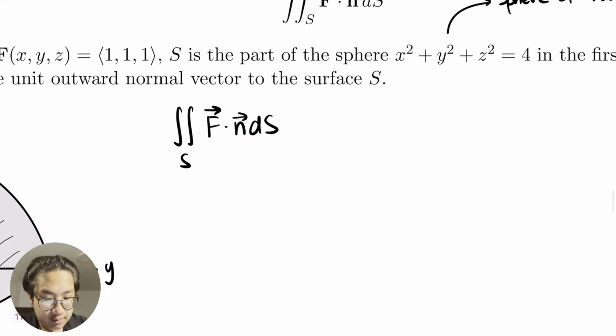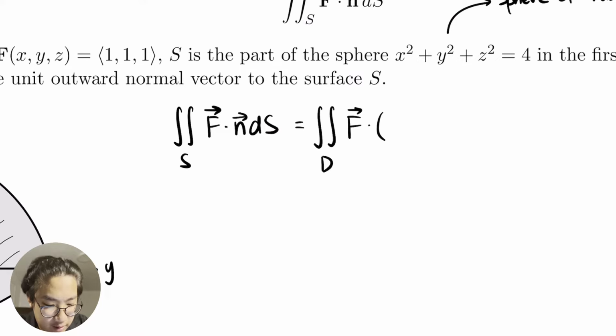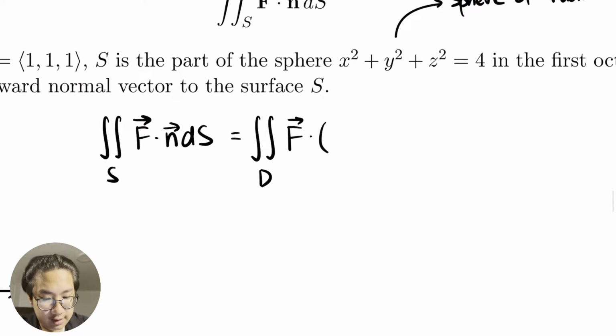Anyways, so this right here is equal to the double integral over a region D, which I'll explain in a second. So f dotted with the parameterization of our surface in terms of the partials, and then their cross product, basically. So in this case, usually you'd use u and v, but I'll skip ahead.